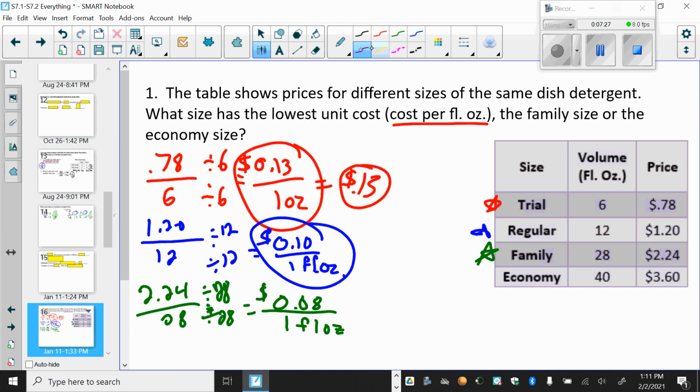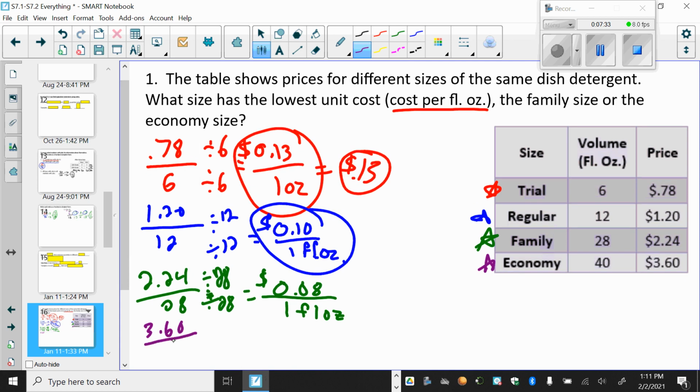And lastly, let's do purple for economy. I'm going to have 3.60 divided by 40, both the top and the bottom by 40. That's going to give us 9 cents per fluid ounce.